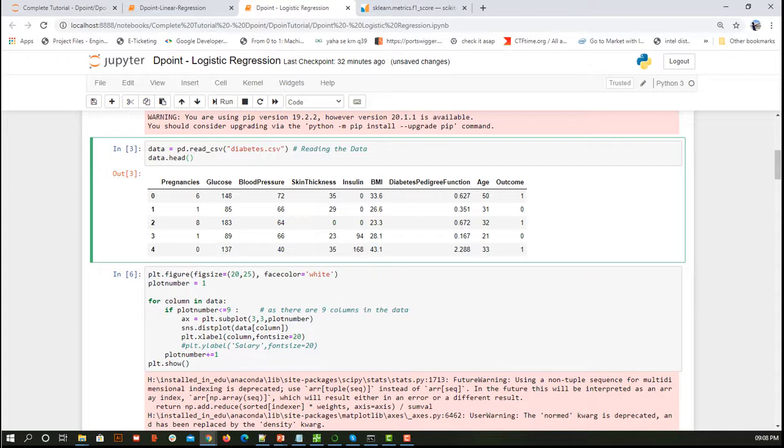Based on that I have to predict whether the input I have given has diabetes or not. If you want to know more about what is 1 and what is 0, that is given in the metadata on the website where we download it. Here 1 means that the person has diabetes, and 0 means the person doesn't have diabetes.